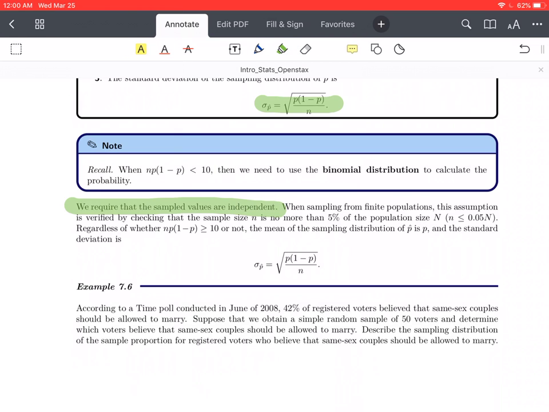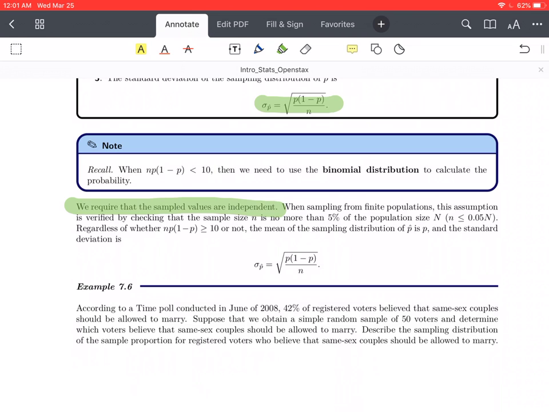So if you are getting samples that are too big of a portion of your population, you risk having some form of dependency among these groups, because you might start getting people that are somehow related in some way or have other connections and other relationships outside of just being purely random. So we want to make sure that we maintain this independence here.